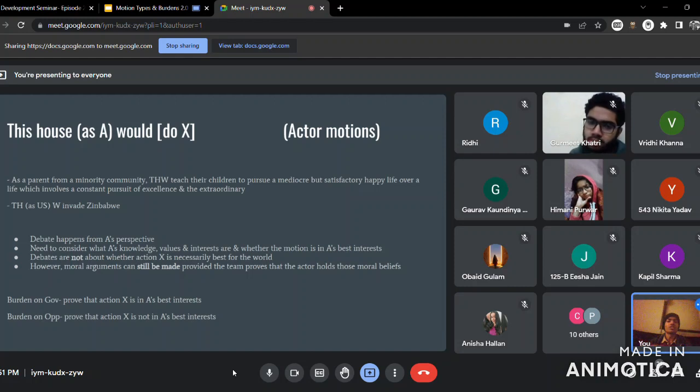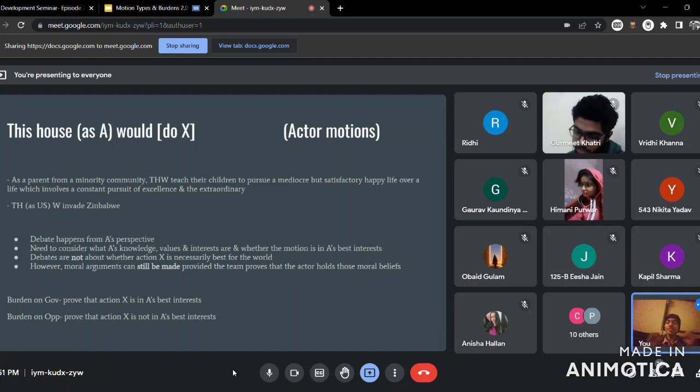We need to get into the head of that actor and think that okay, what are the things that they would prioritize, and make your arguments according to what best fulfills those priorities. That's the difference between actor motions and all other types of motions.